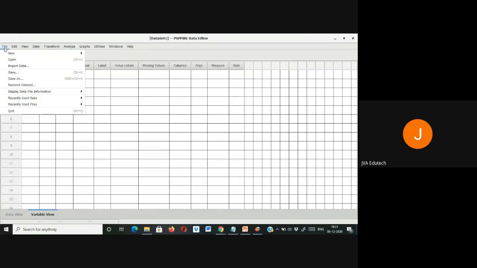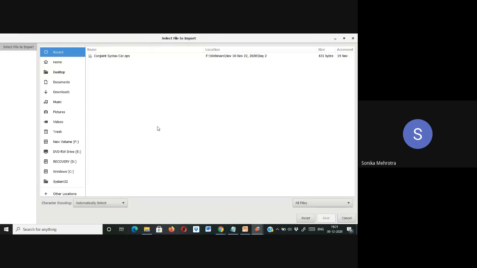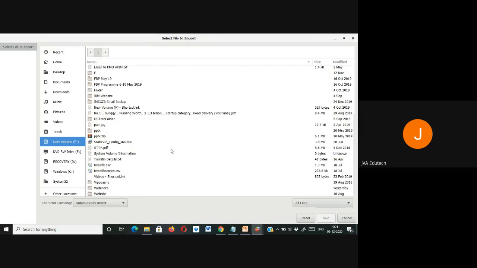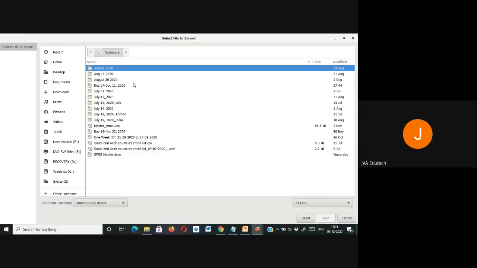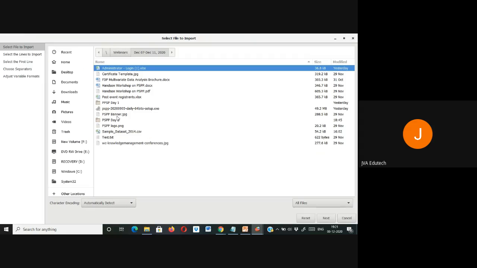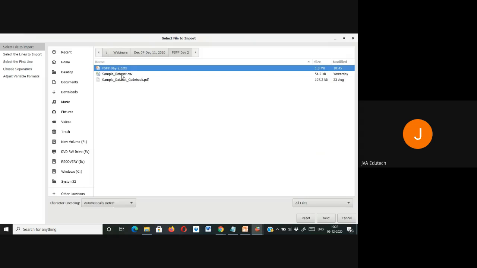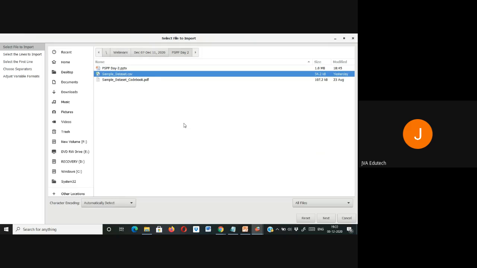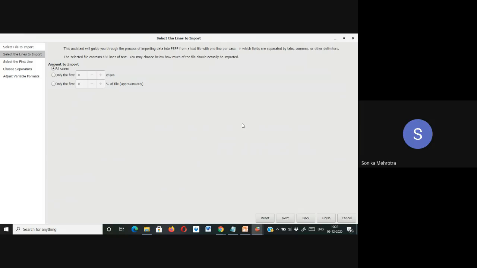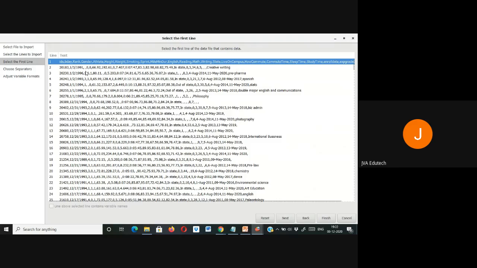Simply go to file, import data, go to your file location. In my case, my file location might be different from yours. So this sample dataset.csv, have you found this file? Yes. Click on next. Click on next, all cases. Again, click on next. Hold on a minute. Are you getting this window? All cases, next.